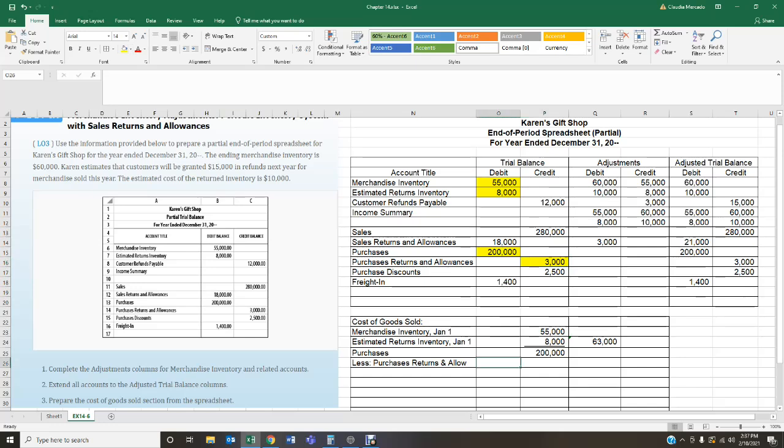Okay, so I'm going to put those there. We also had purchase discounts of $2,500. Okay, so I'm going to add those two together.